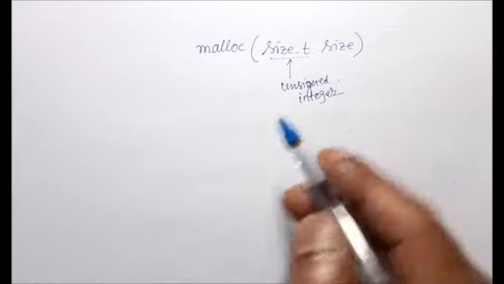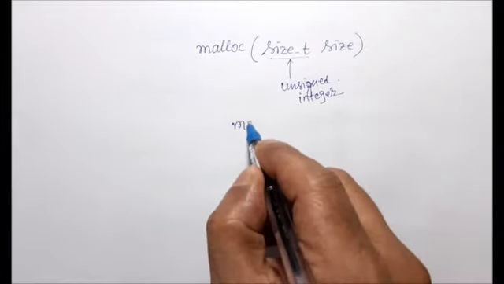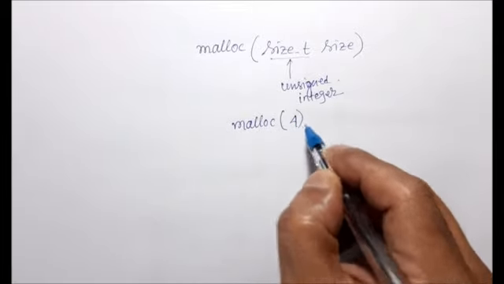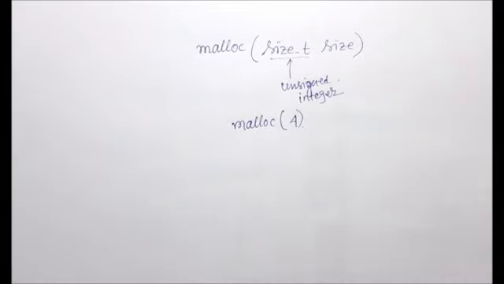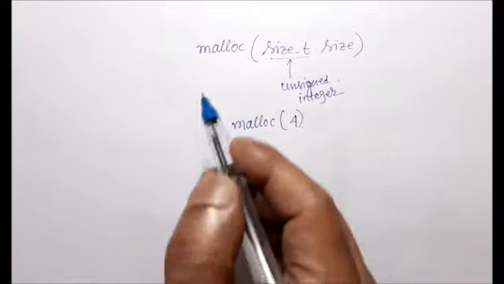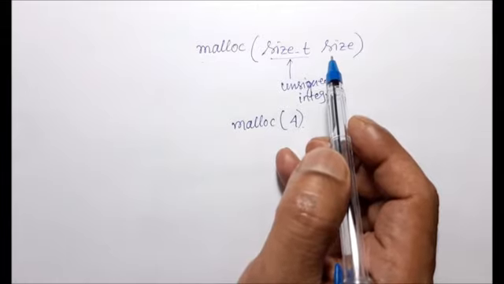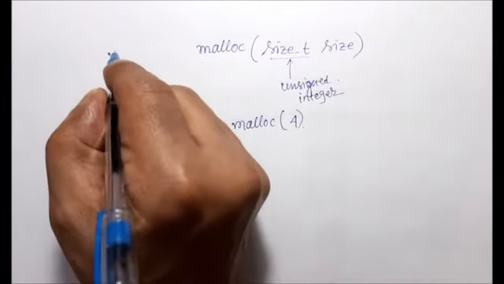For example, if I want to allocate memory for 4 bytes, I will write it in this way, but it is not a good choice to write the program in such a way. I will discuss that in a minute. So, what is the return type of this function? The return type of this function is void pointer.